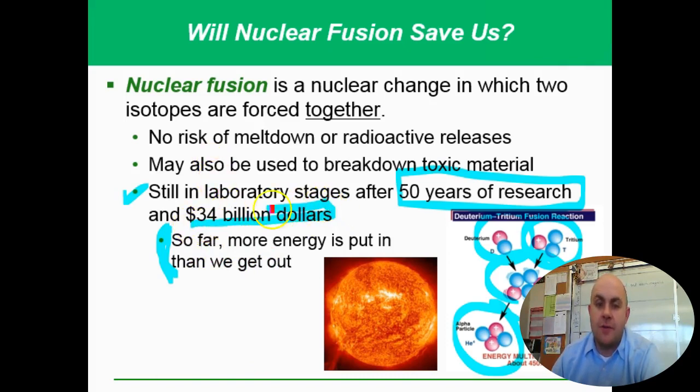We spent a lot of money in the research, over $34 billion trying to figure it out. If we do, though, we'll have a lot of energy available at a cheap rate with very low environmental cost, which is, I guess, the end goal in general, right? So there's maybe a lot less breakdown of toxic materials. There's no risk of meltdowns and radioactive releases, so it is a good alternative if we can make it happen.